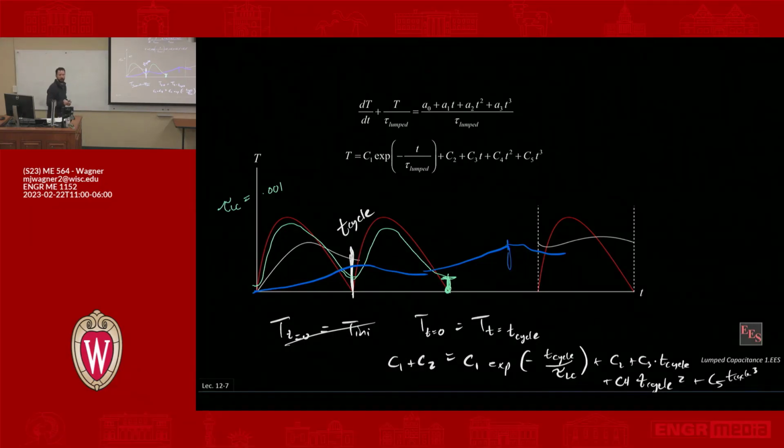In controls and electronics, generally you'd say 4 to 5 time constants is really close to steady state. You're within about 5%. Is that a good assumption for lumped capacitance problems as well? That's a really good question. I think yes, because what you're trying to do is get this exponential term to be pretty small.